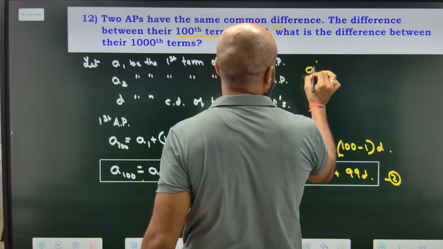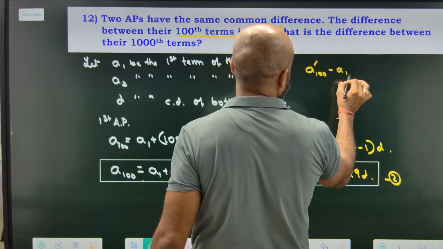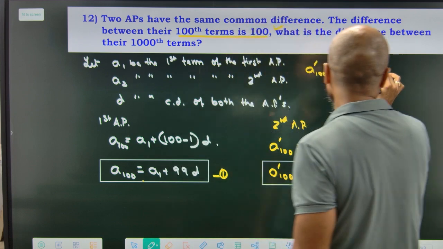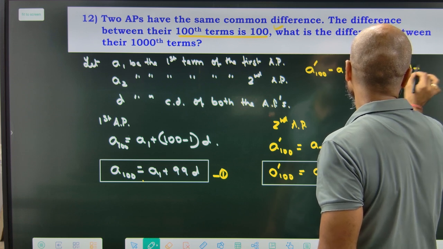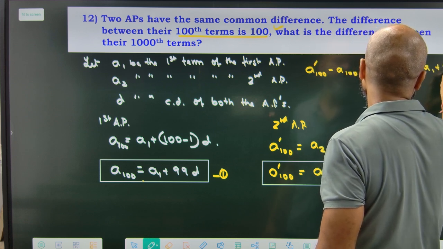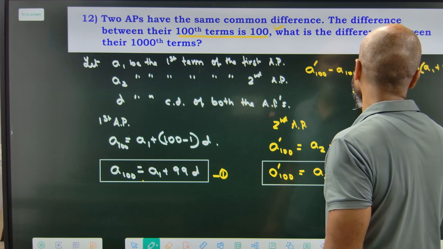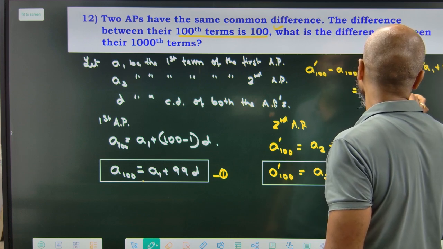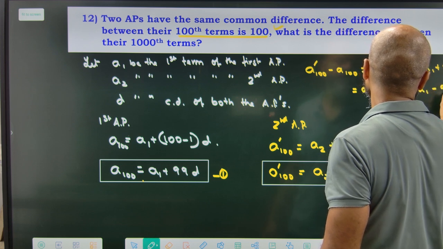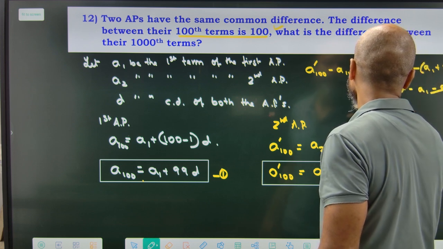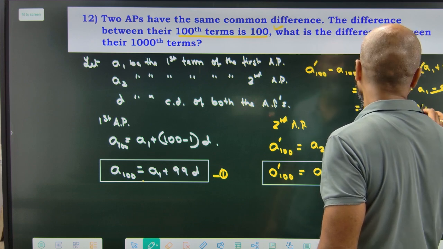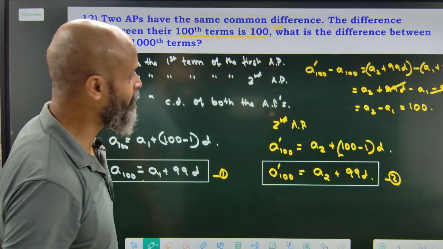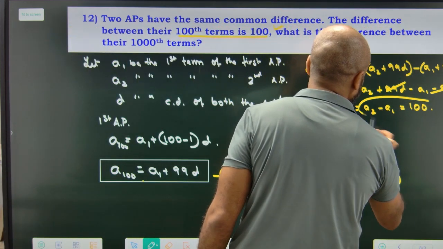So a dash 100 minus a100 is equal to a2 plus 99d minus a1 plus 99d. So this gives you a2 plus 99d minus a1 minus 99d. This gets cancelled, so it leaves you with a2 minus a1, and this has a value of 100. So we know that a2 minus a1 is equal to 100.